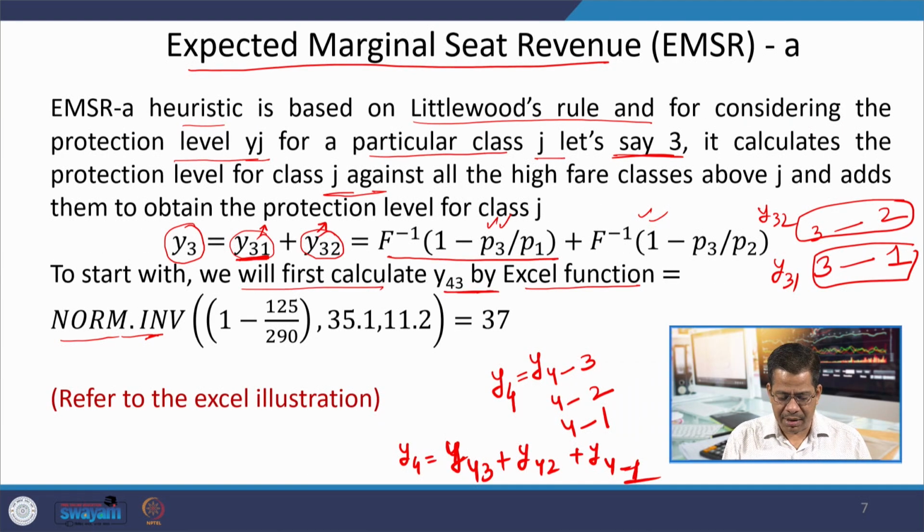For example, if we want to calculate Y 4 3, this function will be applicable, that is normal inverse of 1 minus P 4 upon P 3, with mu of 3 and standard deviation of 3.